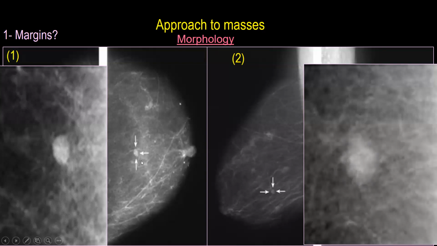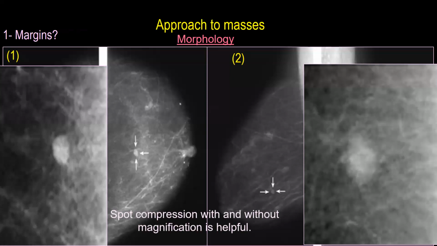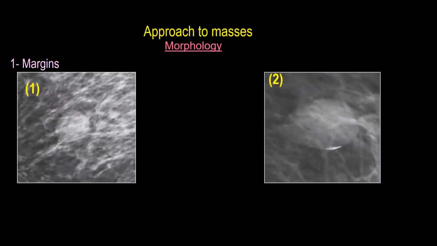Indistinct margin, and even subtle spiculations can be visualized. So this is non-circumscribed. So compression with or without magnification is helpful to characterize these small lesions. Okay. About the margin in these two cases? Obscured.